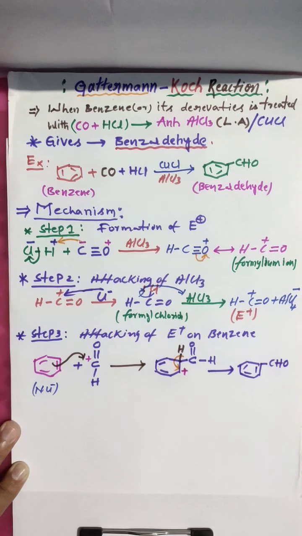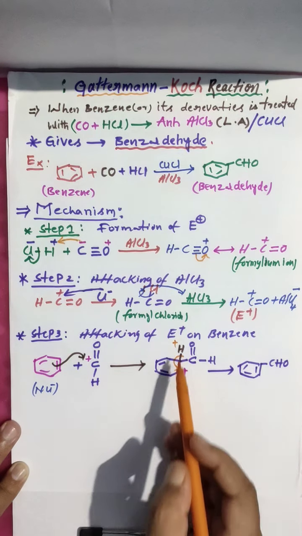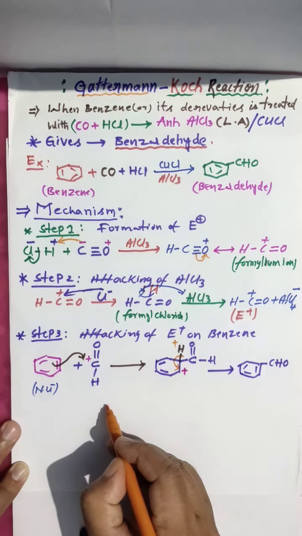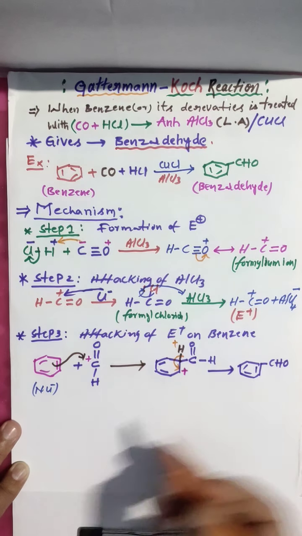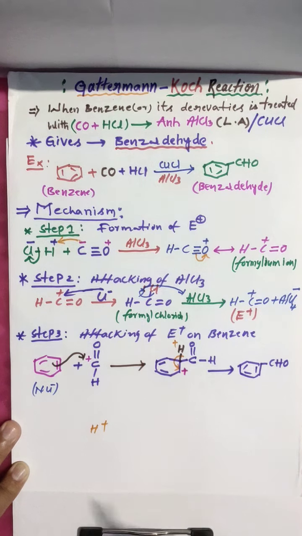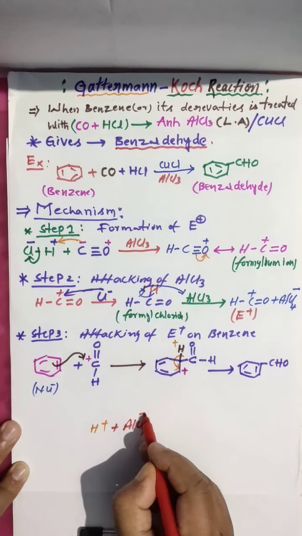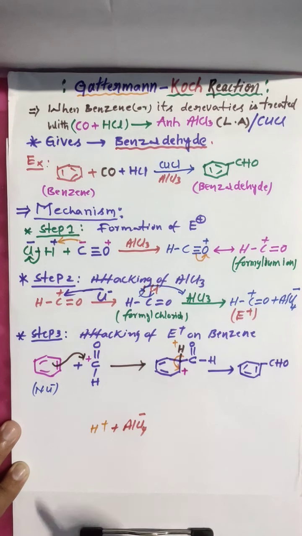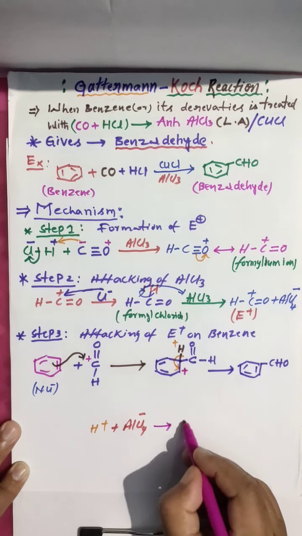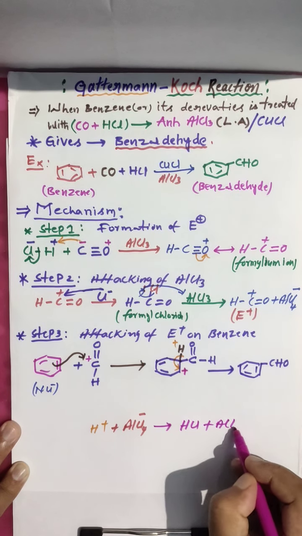When we shift this hydrogen, we are getting H plus. This H plus reacts with AlCl4 minus. It will give one chlorine to hydrogen, forming HCl plus AlCl3.